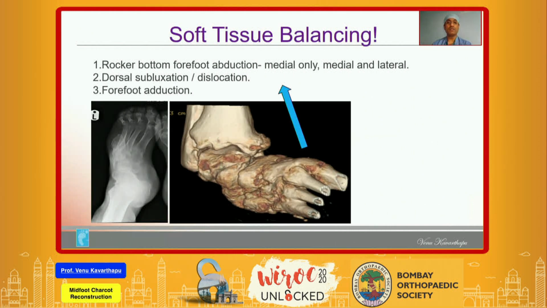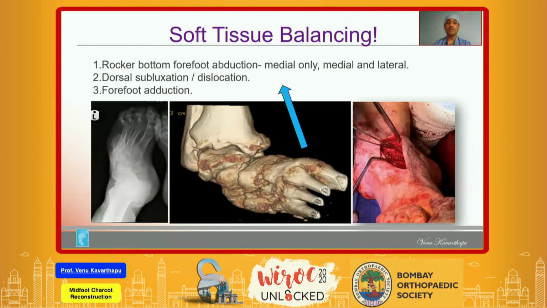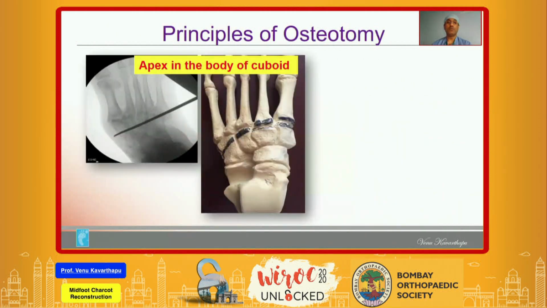Particularly the hindfoot goes into varus due to a tight and contracted tibialis posterior, and if there is an associated dorsiflexion component as well, then tibialis anterior as well in such a situation, and those need to be corrected before. So the soft tissue balancing should be achieved before you do the bone correction, and depending on the residual deformity, one can plan the wedge resections to correct the bone deformity.